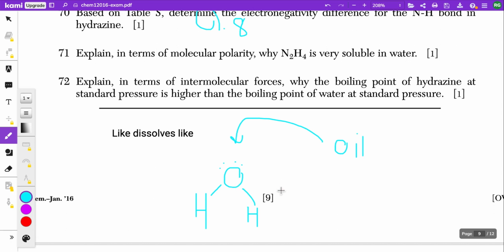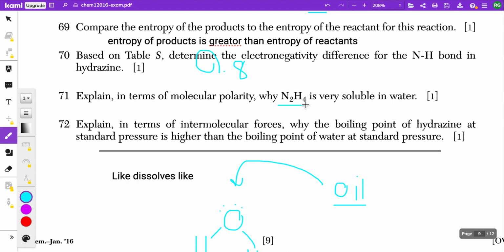That's why oil and water don't mix; oil does not dissolve in water. Because they have different polarities, they're not going to dissolve in each other. What I want you to remember is that like dissolves like: polar things dissolve into polar things, and nonpolar things dissolve into nonpolar things.